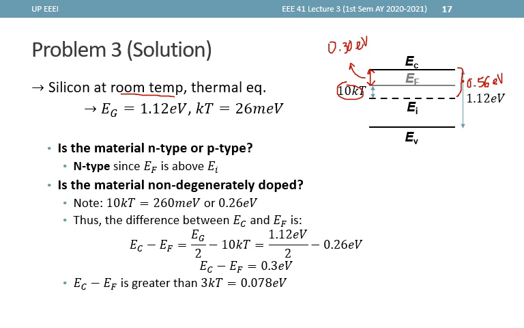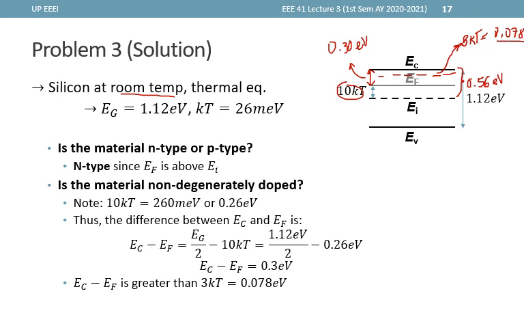This margin, or this distance from EC, is actually greater than 3 kT. The margin for non-degenerately doped is actually 3 kT, which is equal to 3 times 0.026, which is 0.078.